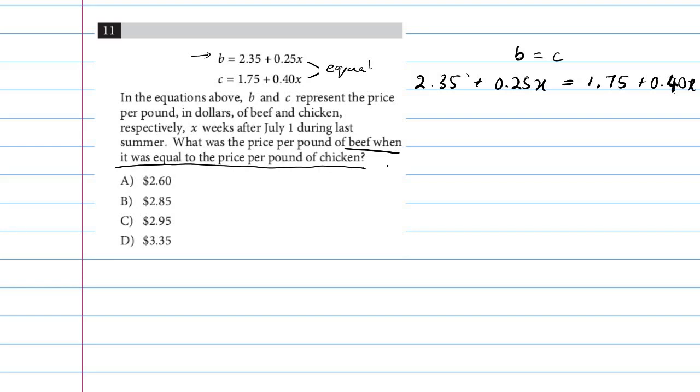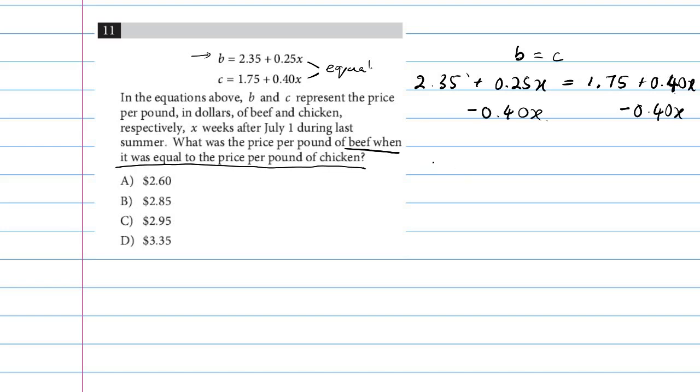We have x terms on both sides. I would like to bring all the x terms onto the left side. To do that, I will subtract 0.40x so that I can cancel this out.